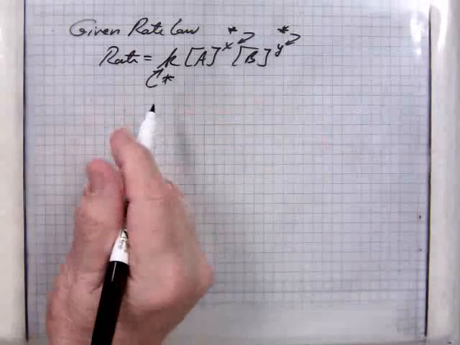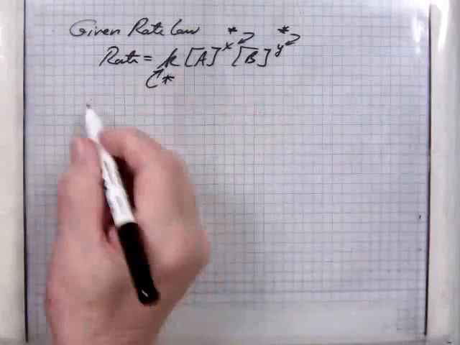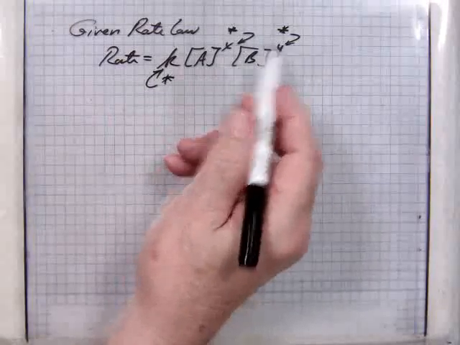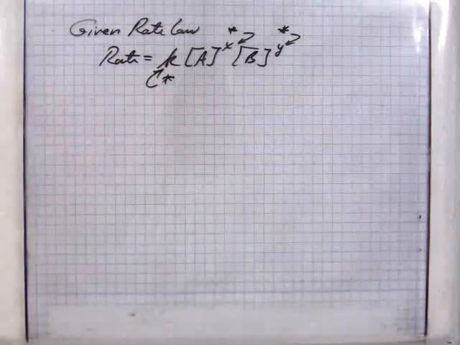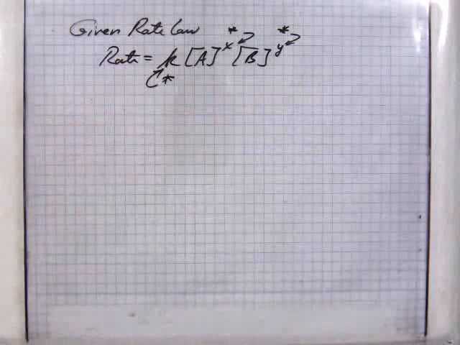What I'm telling you is that the only way to determine k, x, and y is by experimental method. There is no method of calculation to determine that in terms of rate expressions.